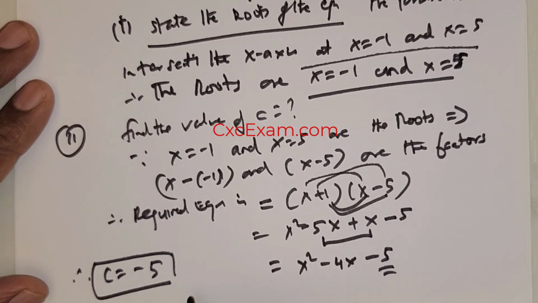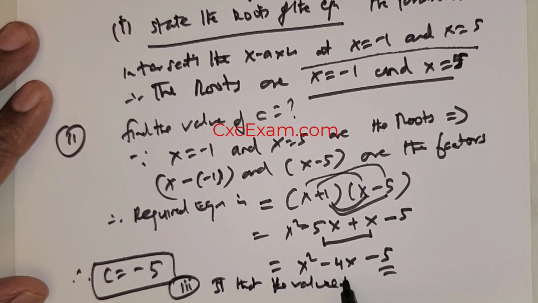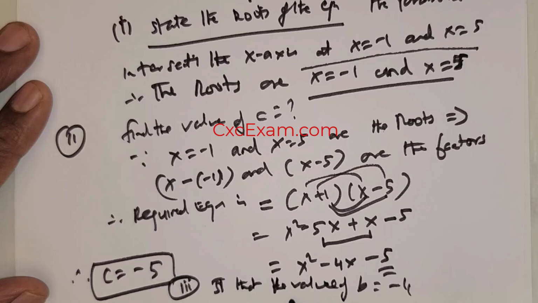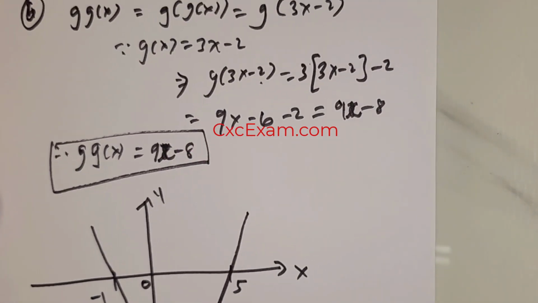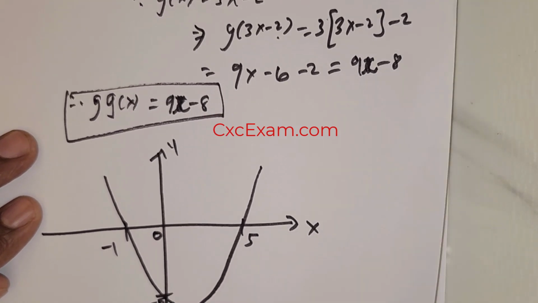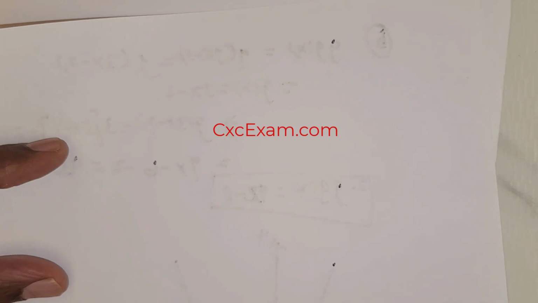Now the next part is asking us, show that the value of B is -4. Now how are you going to write the solution? Now let me write the solution on the side.